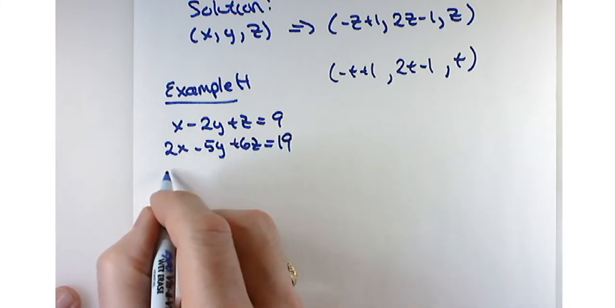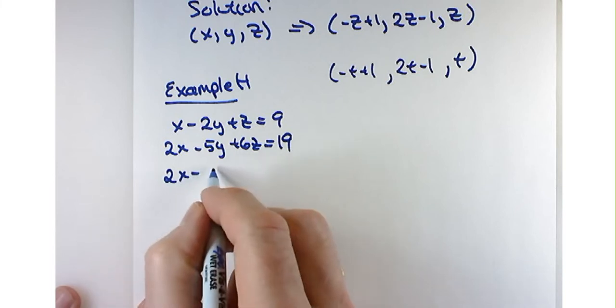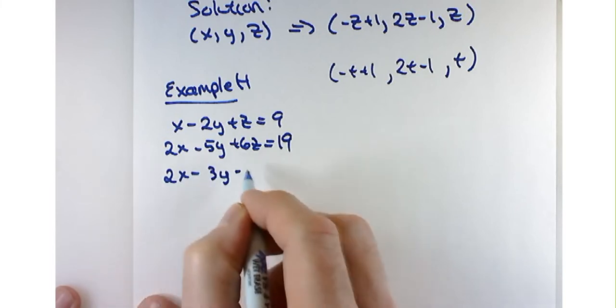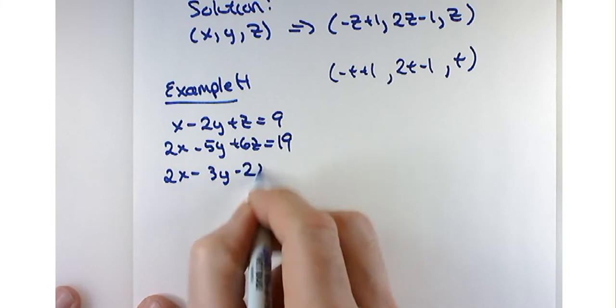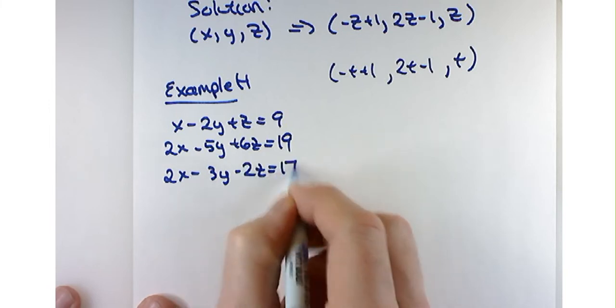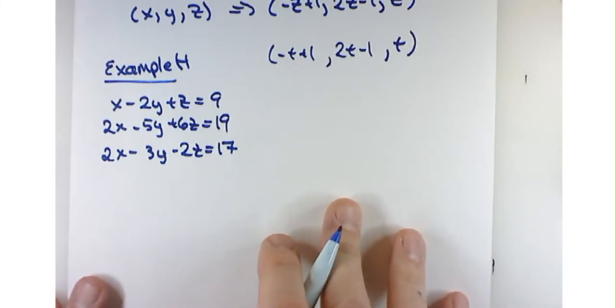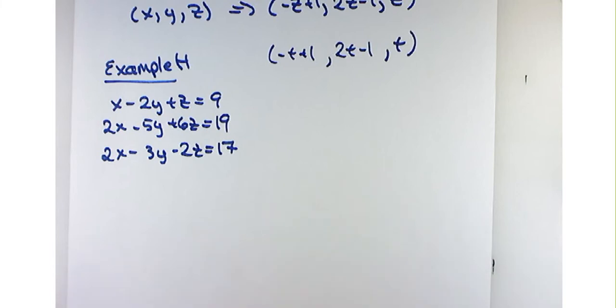And 2x minus 3y minus 2z equals 17. Okay, let's see what happens with this one.